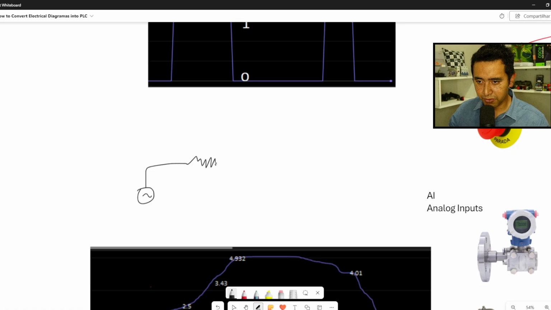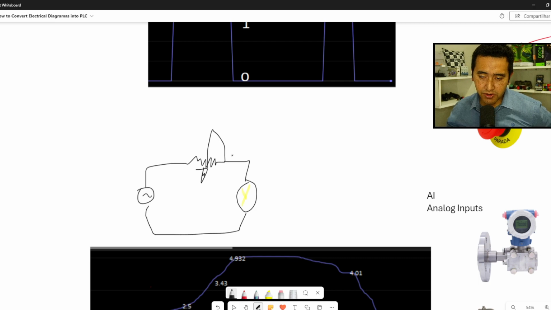Then think about a potentiometer or a dimmer, with the same lamp and the same voltage. With my potentiometer I can set a position of about 25%. Then my voltage at the lamp is about 25%. The power of the lamp changes in the same way that I change the value of my potentiometer. This is an analog signal.